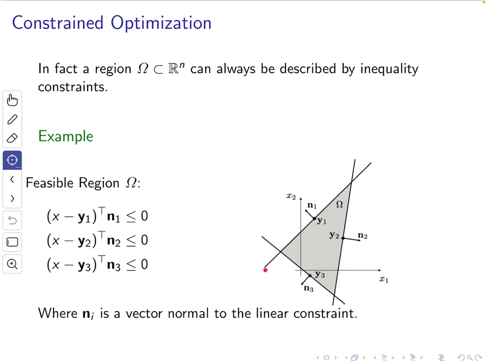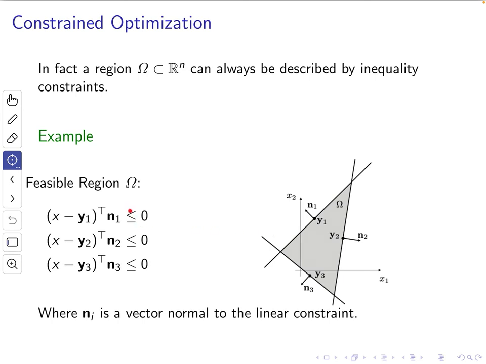If we have this hyperplane described by n1, and y1 is any point on the hyperplane, then x minus y1 transpose times n1 equal to 0 means this term is orthogonal to n1, and that gives you the hyperplane.